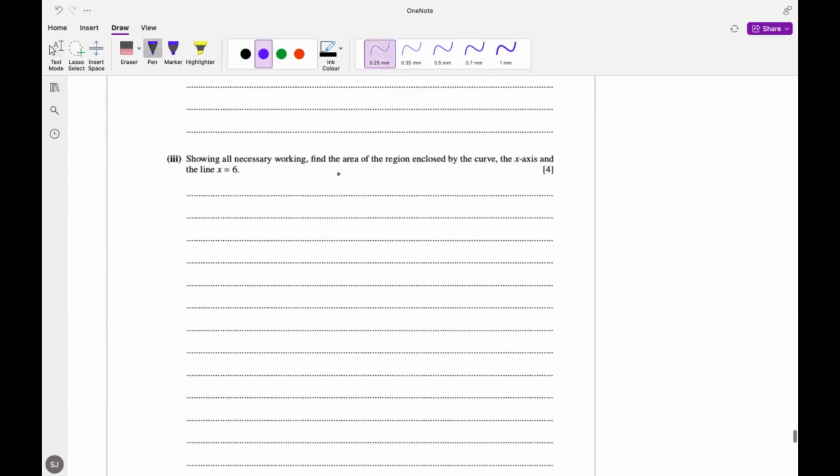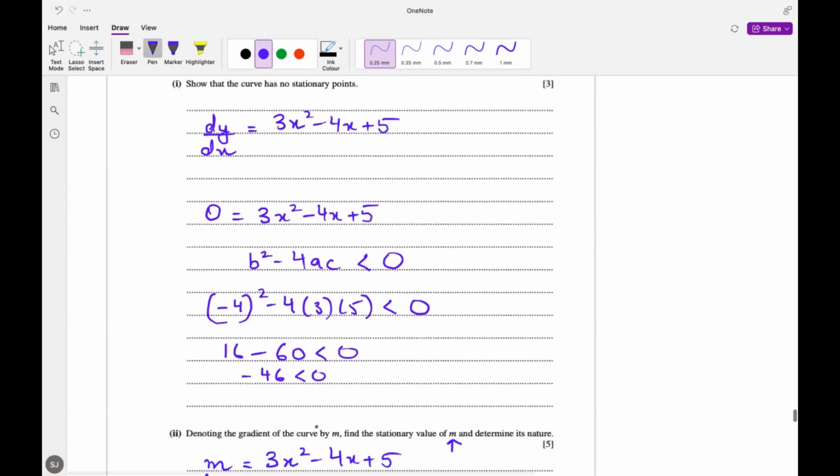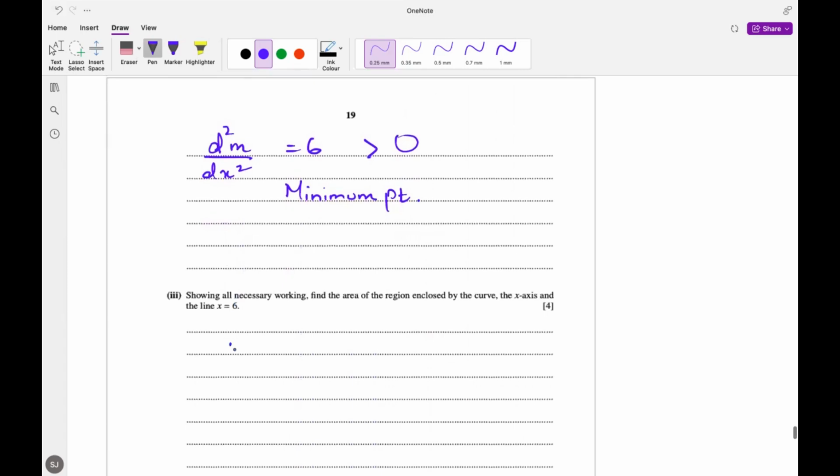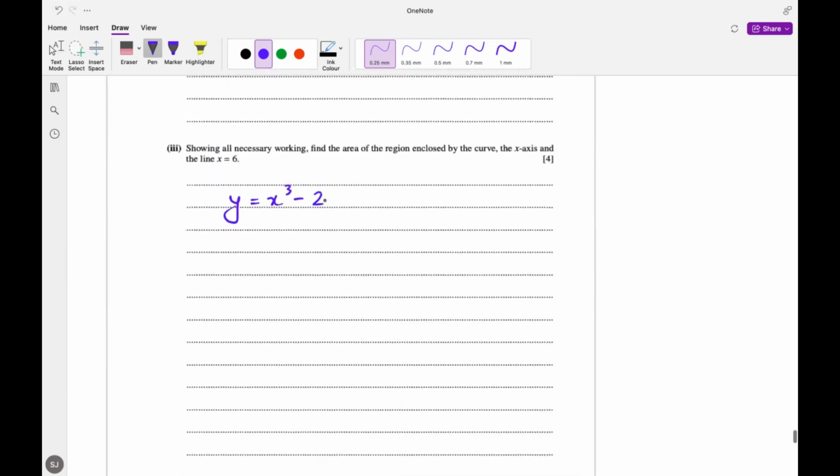In part 3, we have to find the area of the region enclosed by the curve, the x-axis, and the line x equals 6. The original equation was x cubed minus 2x squared plus 5x.